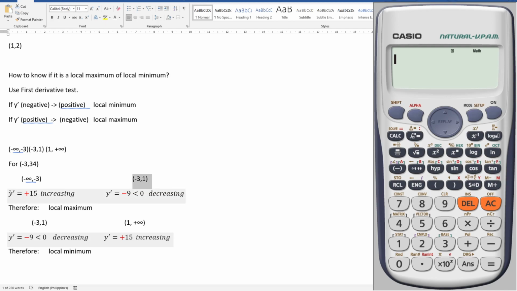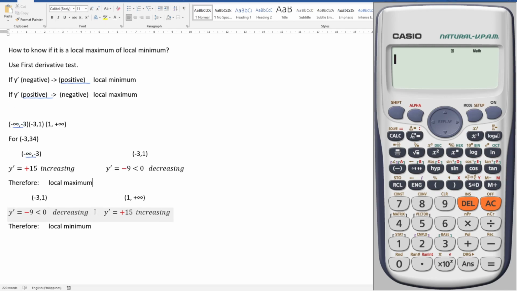So the y prime, when we use this interval, is positive. The y prime, when we use the other interval, is negative. So since the sign of our y prime changed, it is either a local maximum or minimum, but which of the two? From positive to negative, therefore, it is a local maximum.